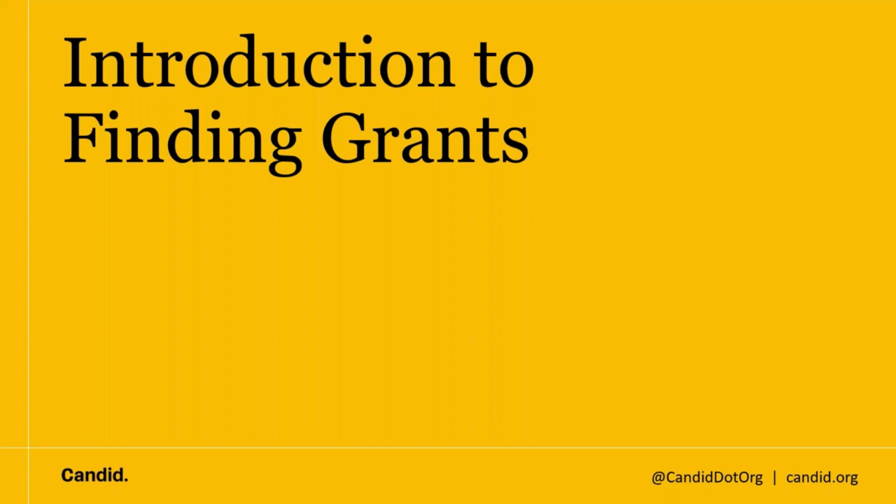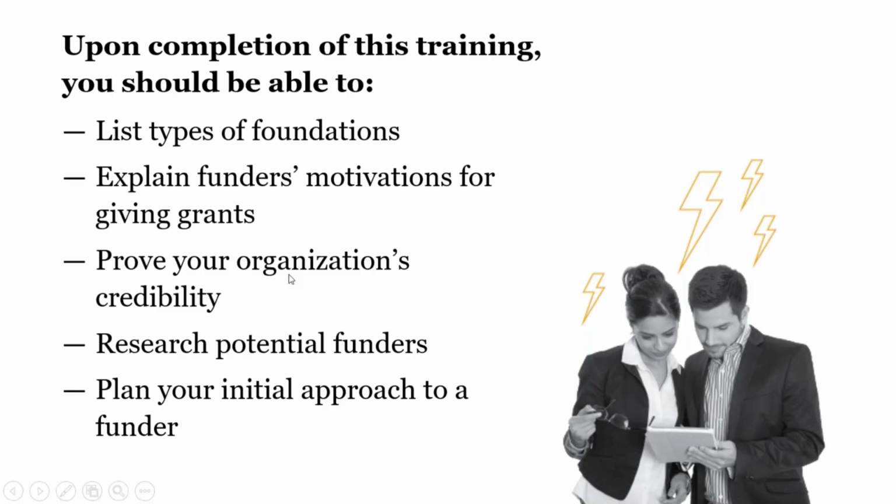So without further ado, I just want to start today's presentation by telling you what you're going to get out of it. By the end of your time with us, you should be able to do a few things. One, list different types of foundations. As you may already be aware, there are different types, and we'll go over those different types and those different motivations that each foundation type may have. After today, you'll be able to explain various funders' motivations for giving grants.